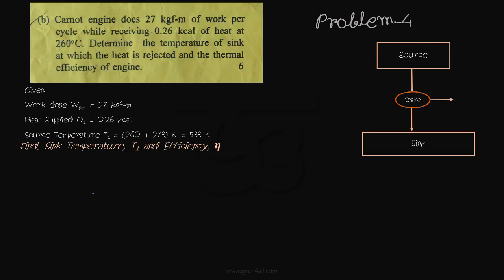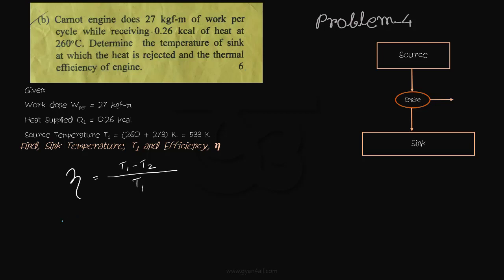So for the sink temperature, again we will use the formula for efficiency of the Carnot engine, but this time we will use the formula on the basis of temperature. Efficiency is T1 minus T2 divided by T1, where T1 is the temperature of the source, higher temperature, and T2 is the temperature of the sink, lower temperature.